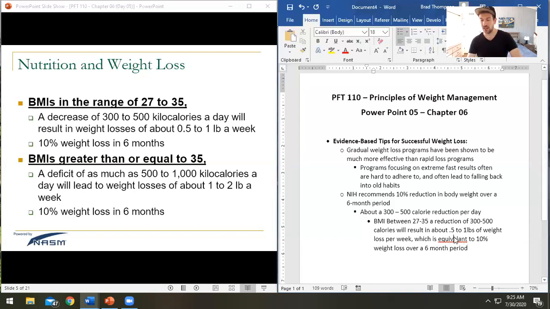Okay, so let's break that down. We know that there are 3,500 calories in 1 pound of fat.